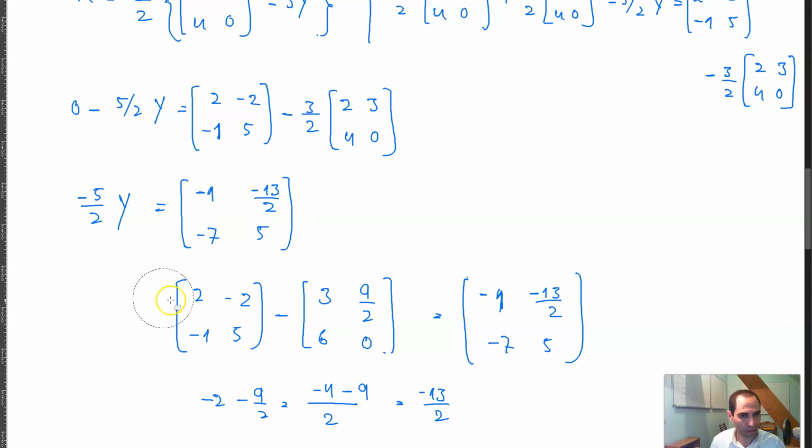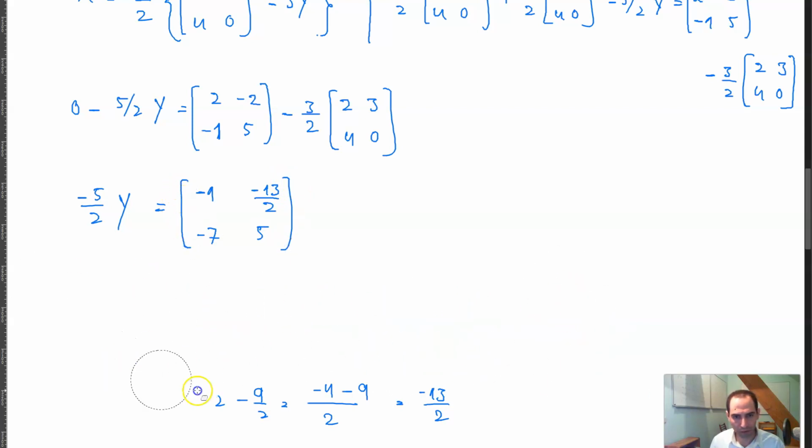And then what I can do is multiply both sides of this equation by basically negative 2/5. Because negative 5 halves times negative 2/5 would be equal to 1, right?